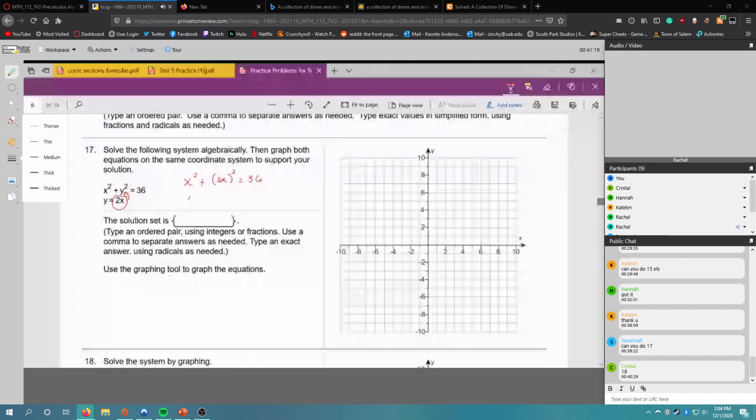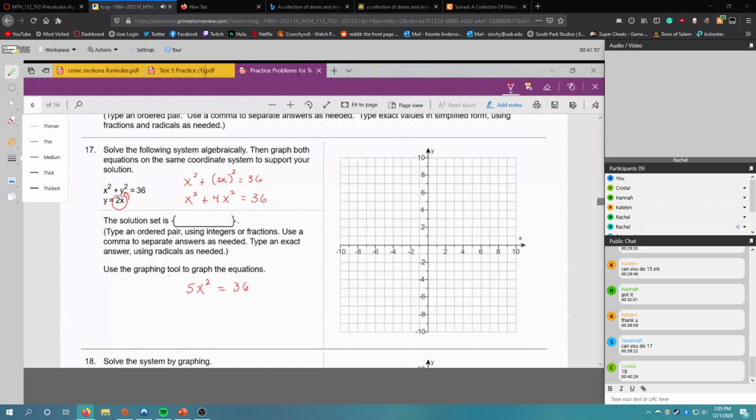So that's going to give me x squared plus 4x squared equals 36. I'm just trying to double check myself. So x squared plus 4x squared is 5x squared equals 36.